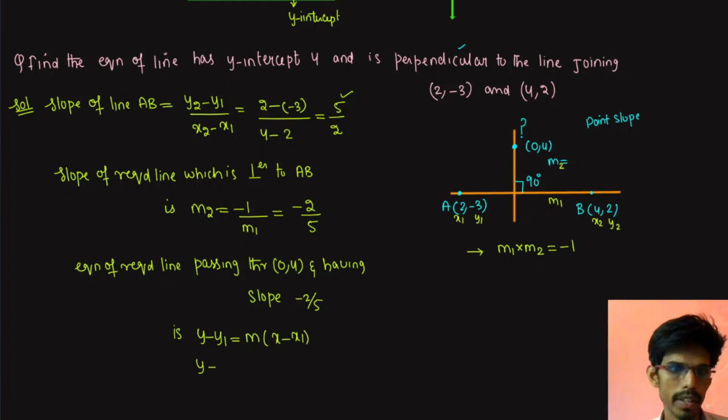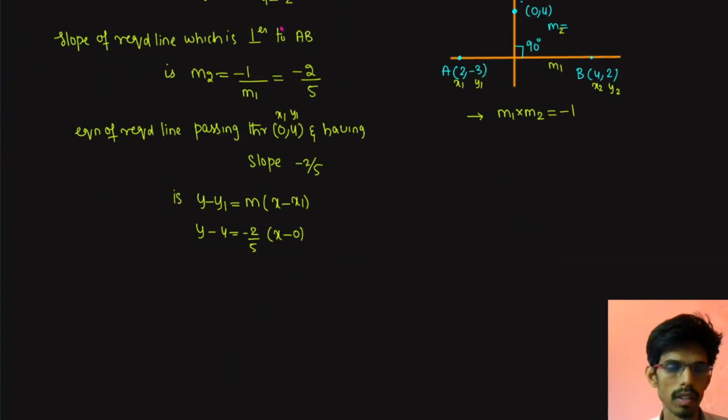Let us take this as x1, y1. So y1 will be 4, m value is -2 by 5 into x minus x1, which is 0. So cross multiply, here I will get 5y minus 20 equal to -2x, or rearranging this, I will get 2x plus 5y minus 20 equal to 0.